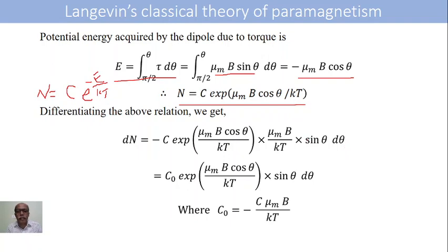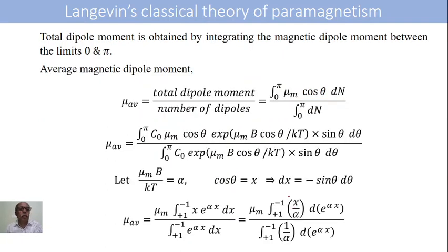Rewriting this expression again, we get C naught exponential of this into sin theta d theta, where C naught is minus C into mu m B by kT, which is another constant.